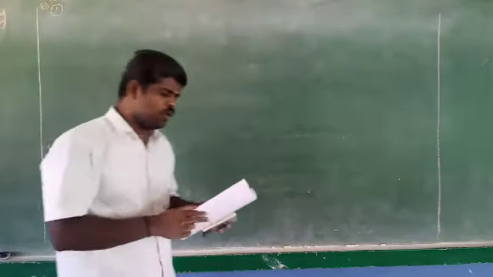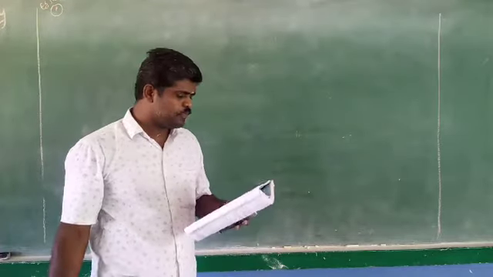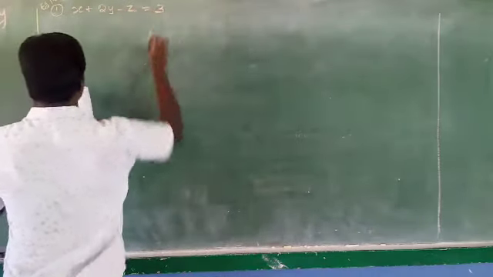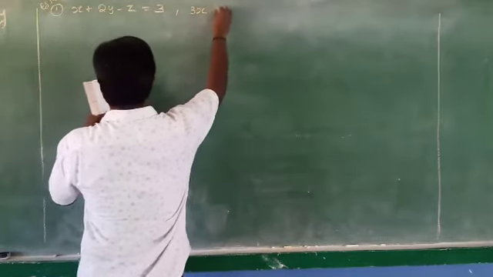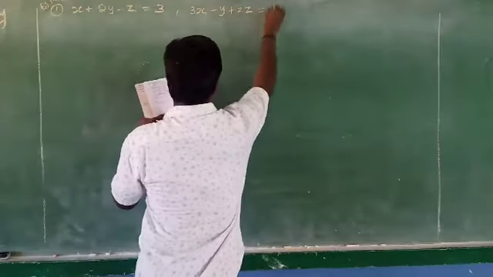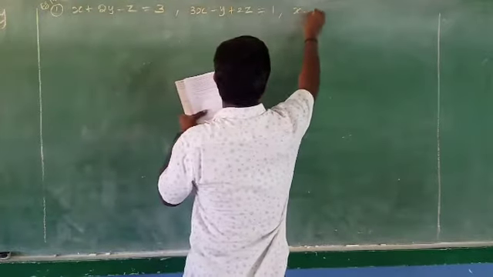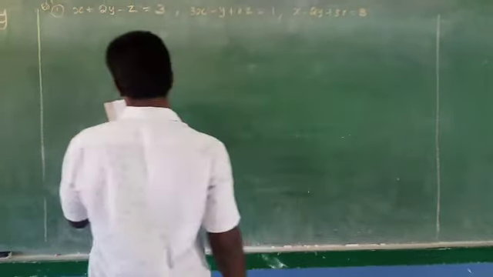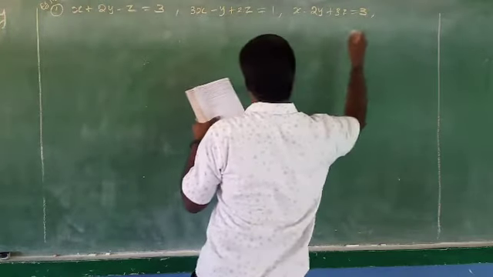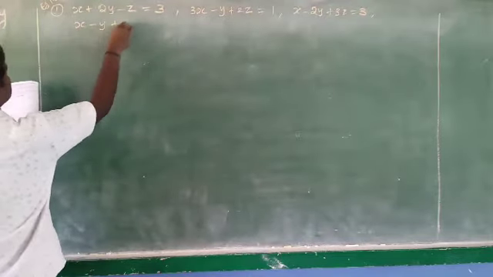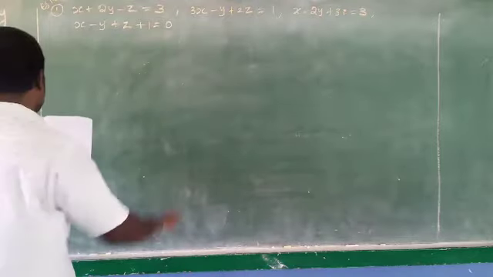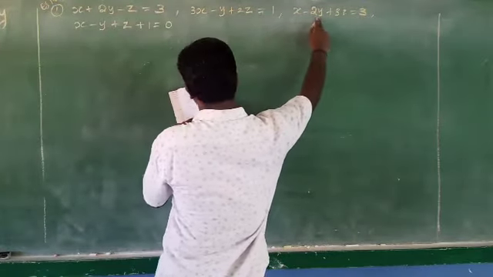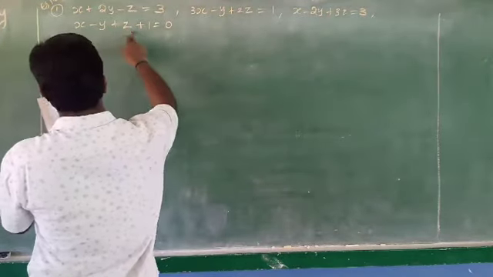Test for consistency of the following system of linear equations and if possible solve: x plus 2y minus z equal to 3, 3x minus y plus 2z equal to 1, x minus 2y plus 3z equal to 3, and x minus y plus z plus 1 equal to 0. We have to check these equations.